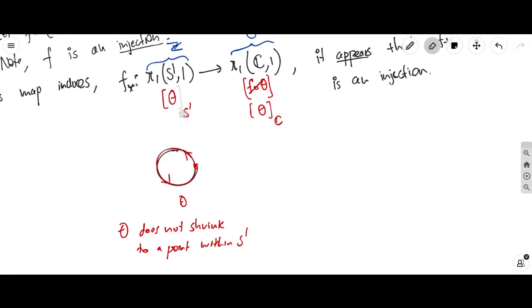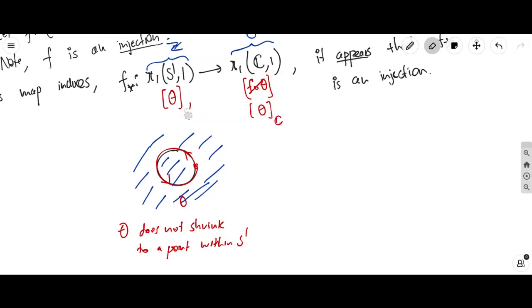So the homotopy class in the circle is not trivial. However, when you allow the extra space around it, now when you look at theta as a homotopy class in the entire complex plane, you have all that space to shrink it down to a point. So it's just deceptive notation because it looks like theta is being mapped to theta.